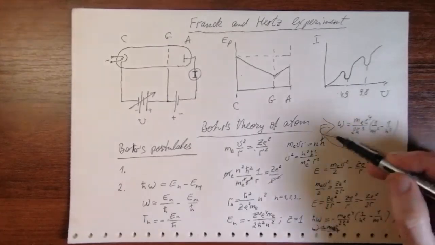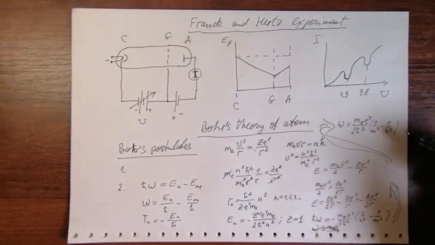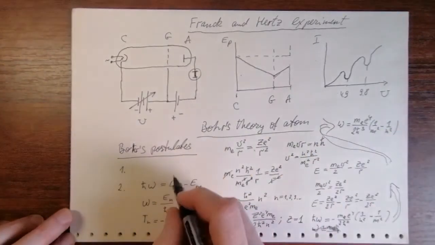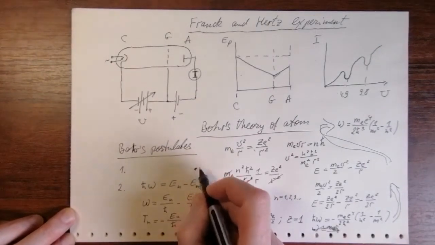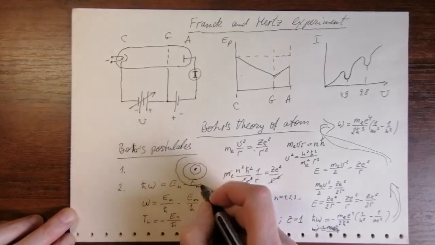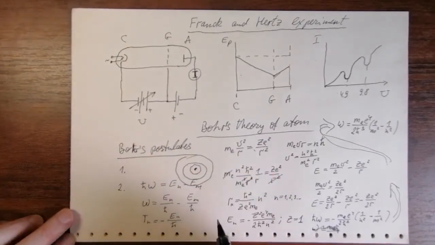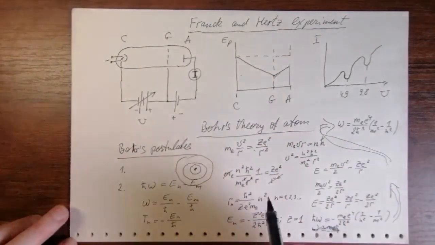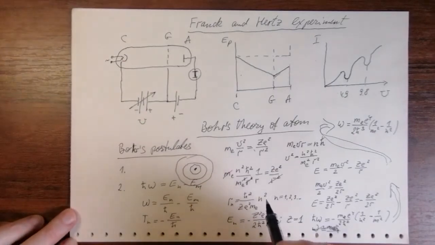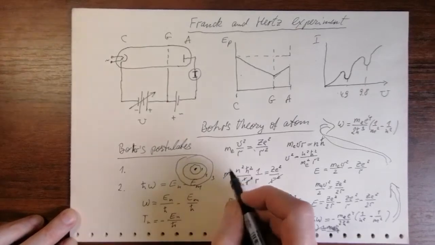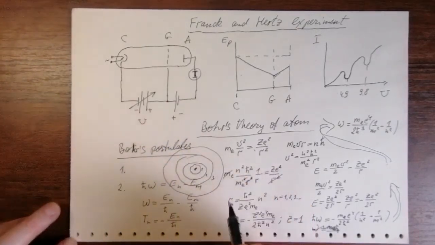And what this formula assumes from the point of view of this model is this: we have a nucleus and there are orbits around it with selected radii. The Balmer series is if we have here the first orbit, the second orbit, the third orbit, somewhere the fourth orbit, and so on.